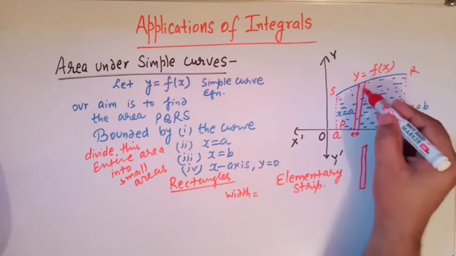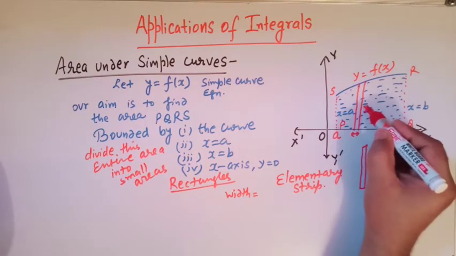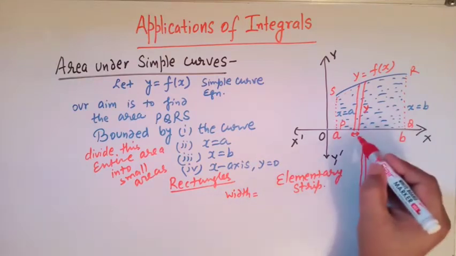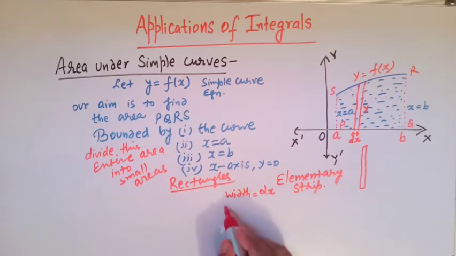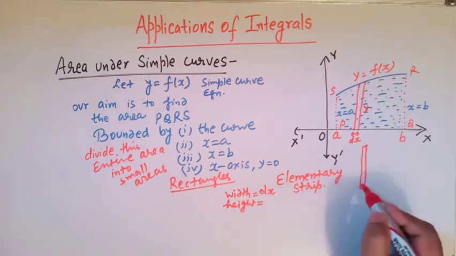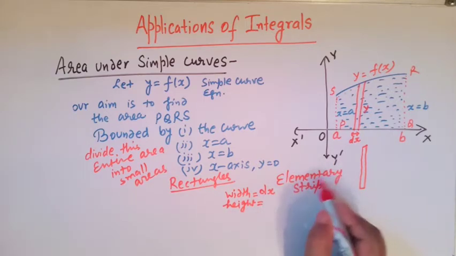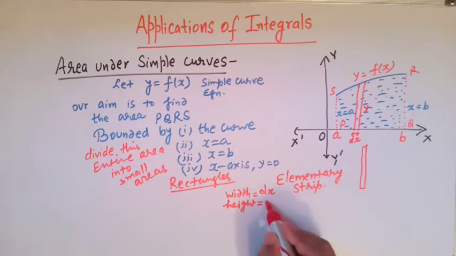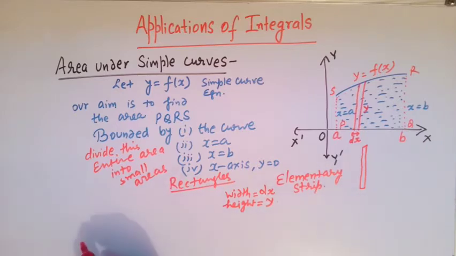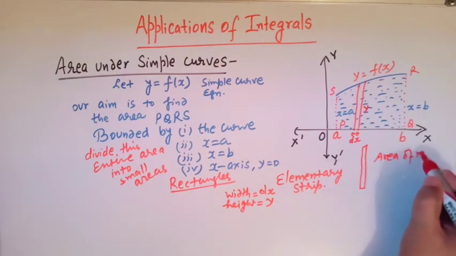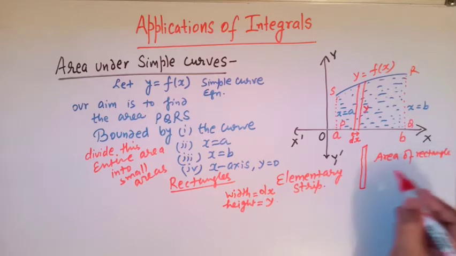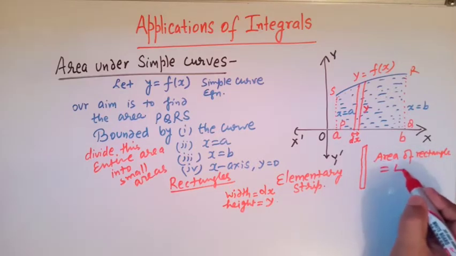And the height is say y. Clear? And the width is say dx. So the width is dx, and the height of this rectangular area, which is also known as the elementary strip, is y. So we know that the area of a rectangle is length into breadth.